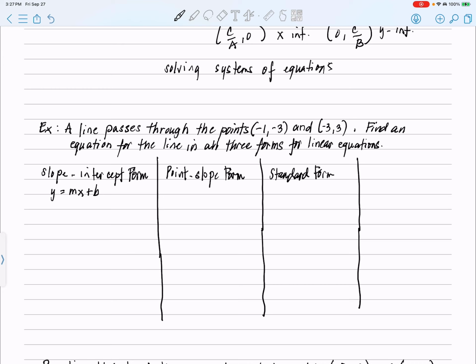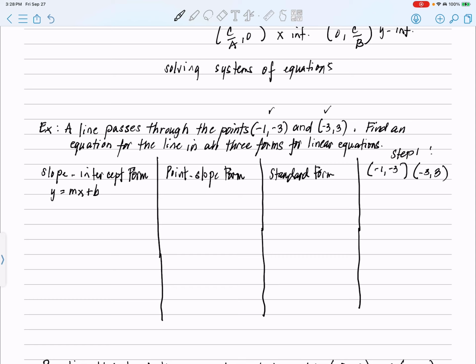So we're going to solve for the slope, and that will be our first step. Since 2 points are given, we can use these points in finding the slope. Step 1: find the slope.